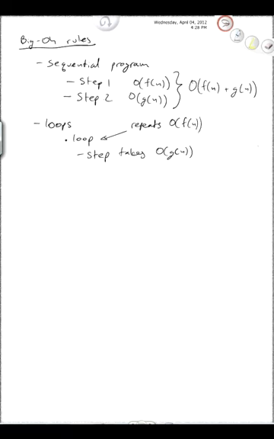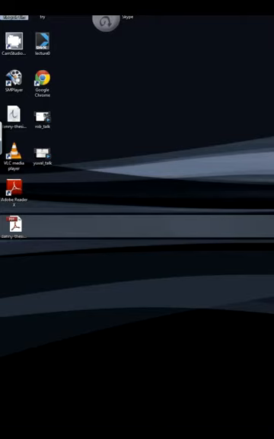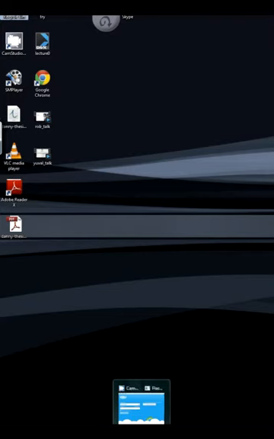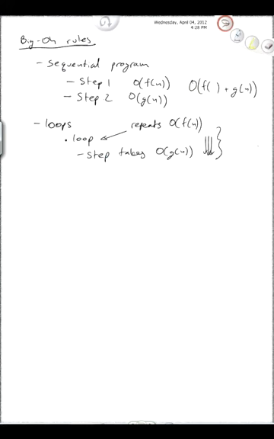So in other words, we're going to go through this not only once, but multiple times. And in fact, we're going to go through it f of n times. So how long does this thing take together? Well, this loop together takes O of f of n times g of n. So in other words, when I have a loop, I have to multiply the work inside of each step times the number of times that I repeat the loop overall.